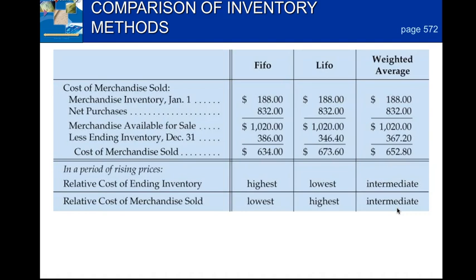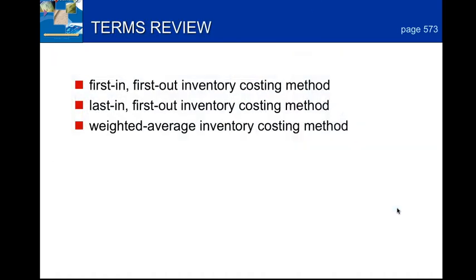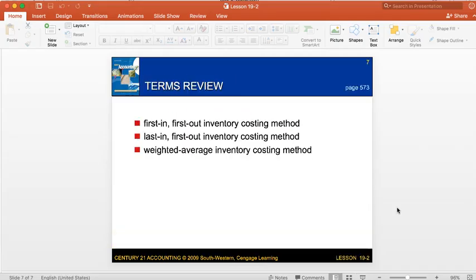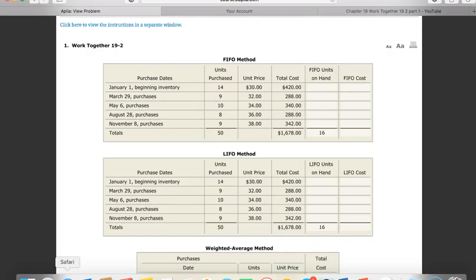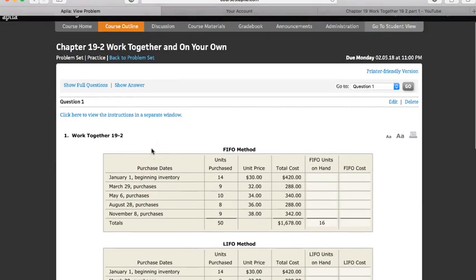All right, so let's do 19.2 work together. Let's go to our APLEA and open up Chapter 19.2, work together on your own. The instructions for this are on page 573 of your textbook, or you can also find them right here.